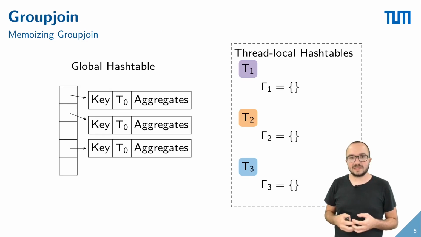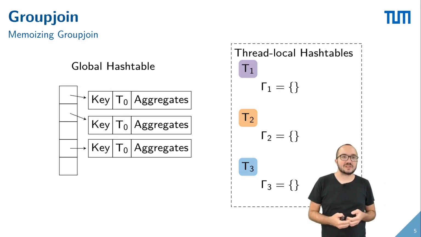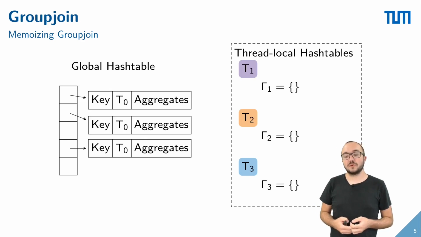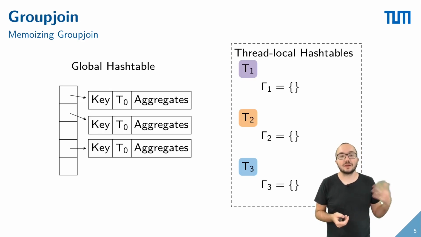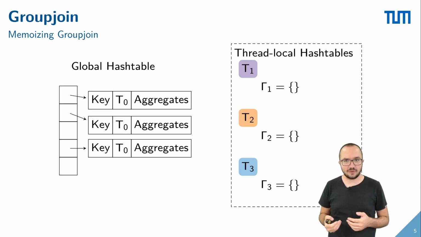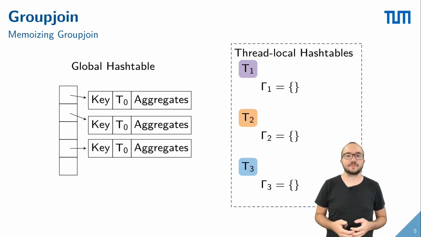To avoid wasting work, we propose another implementation that is a memoizing group join. We go back to the idea of building a global hash table, but in addition, we keep thread local hash tables to aggregate heavy hitters.